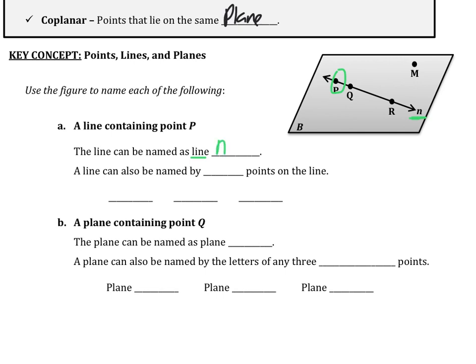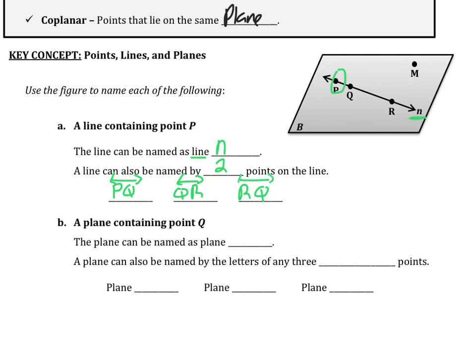Okay, we can also name this line by using any 2 points on this line, and we can have those in any order, right? So we can name this PQ with the little line notation above it, QR, or remember, we could simply switch them, RQ. Those are all naming the same line.